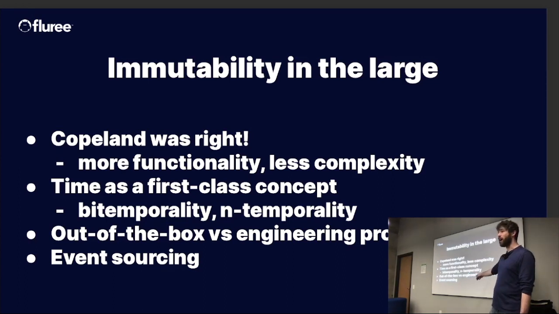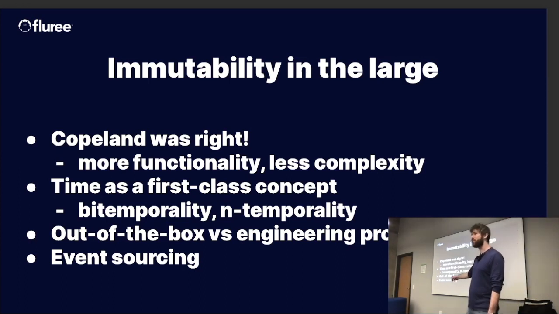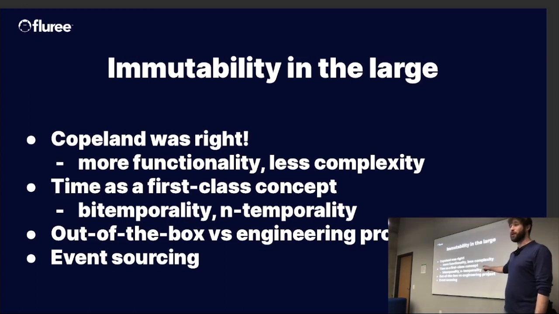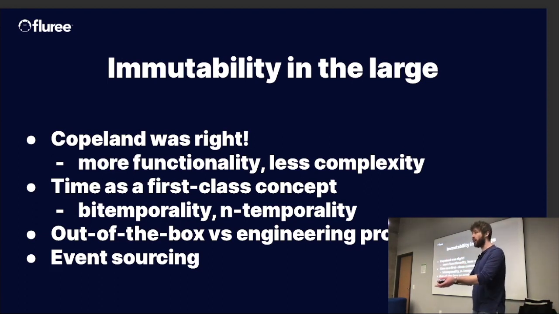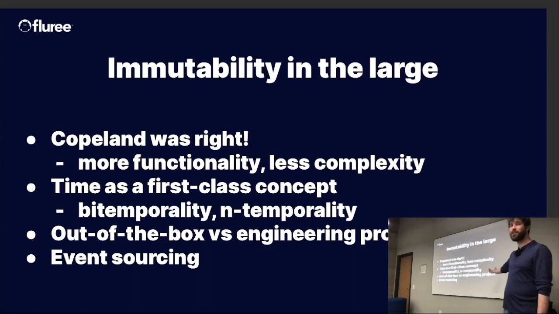I know there's at least one project that parses Postgres's write-ahead log, which is an internal implementation detail, in order to extract this event log of changes over time so that they can do temporality. But you would never choose to do that if you were starting from scratch. You wouldn't say, let's put it all into a system that's going to destroy historical data, and then we'll trick it into giving us the history. No, you'd use a system where that's first class.